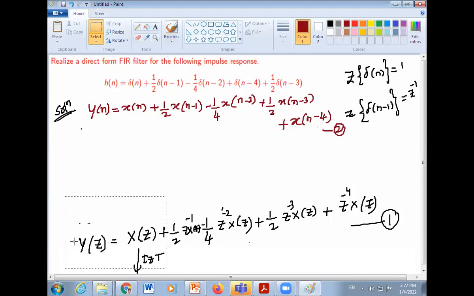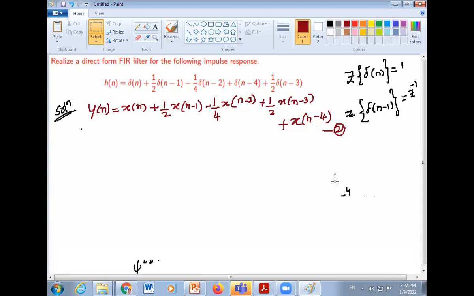Now, let us draw the direct form implementation of this system, FIR system. Direct form implementation of FIR system. Okay. So now, let me draw the diagram. We have to write this equation here. We know that this is our X of n.